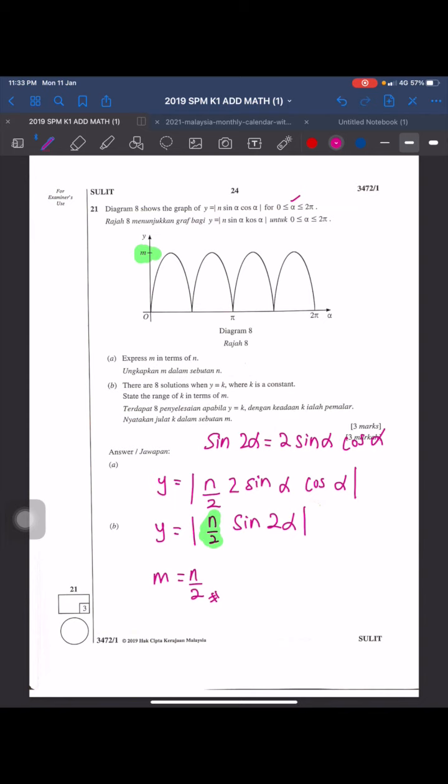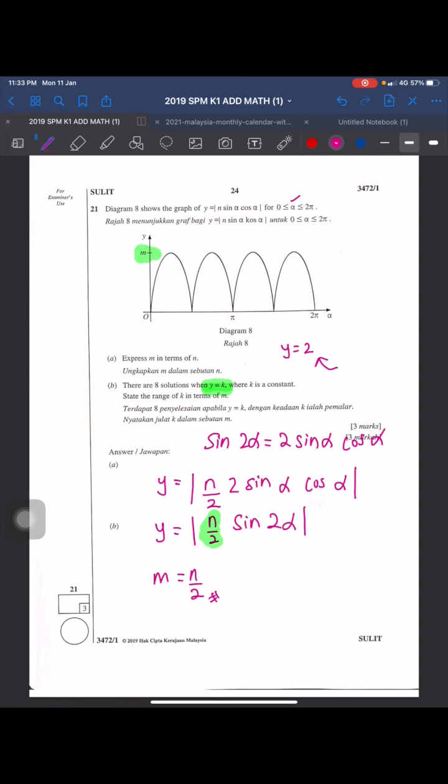Seterusnya. There are 8 solutions when y equals to k. Kita tengok di sini, we have an equation y equals to k. Apa sebenarnya y equals to k? Kita tahu, for example, I have y equals to 2. Ini adalah satu persamaan garis lurus, straight line.